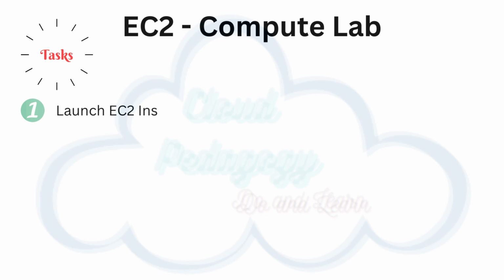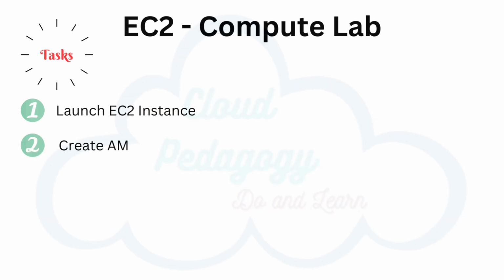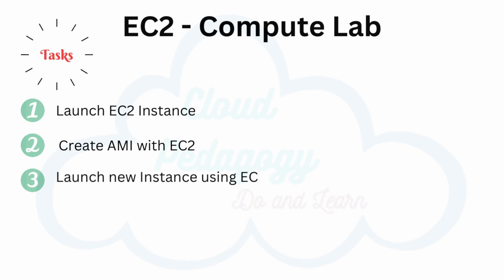First, you will be creating the student directory application using user data configured during the EC2 instance setup. You will then launch an EC2 instance using the IAM role you created in the previous lab. Next, create an image for our student directory application EC2 instance. After that, you will stop the current EC2 instance and create a new instance using the AMI that you have created just now.